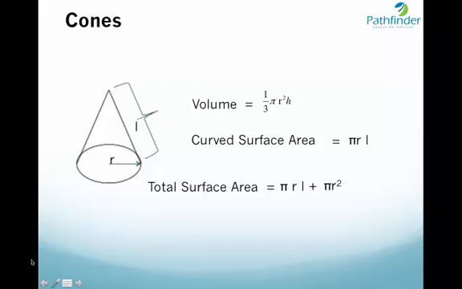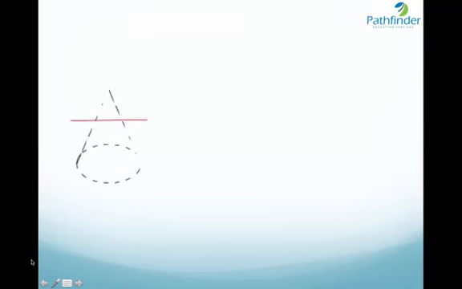What happens if this cone is cut by a plane parallel to the base? If a cone is cut by a plane parallel to the base, and let us say that x is the height from the tip of this cone, and the overall height of the cone is h, then the volume of the smaller cone above is given by (x by h) whole cube into the original volume of the cone.